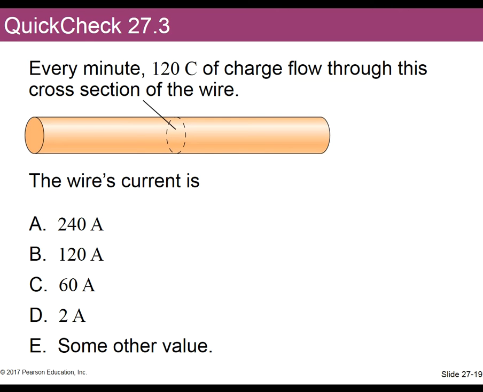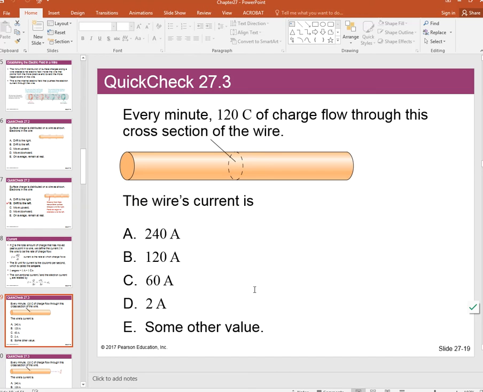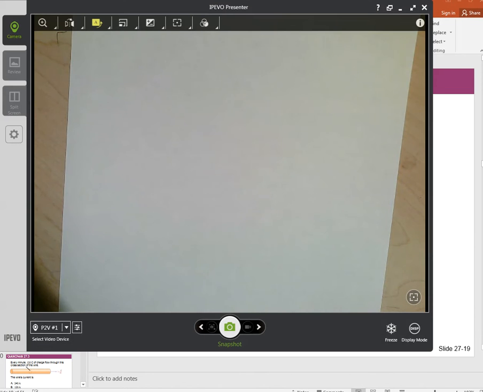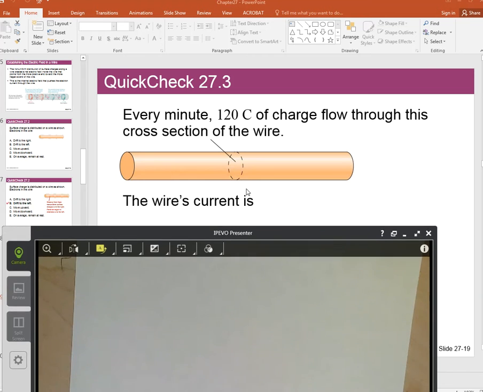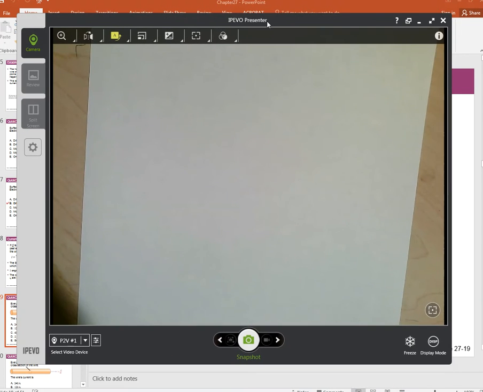So let's take an example here. Every minute, 120 coulombs of charge flows through this cross section of the wire. What is the current in the wire? Let's go back and try to figure out what the definition of current is. Go ahead and take a moment and see if you can figure it out on your own. Okay, so I'm going to move to the presentation here, and we have every minute 120.